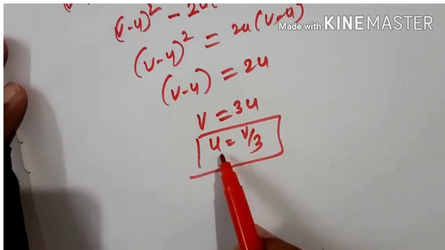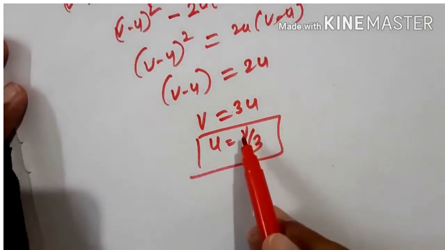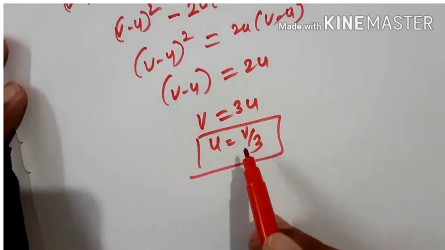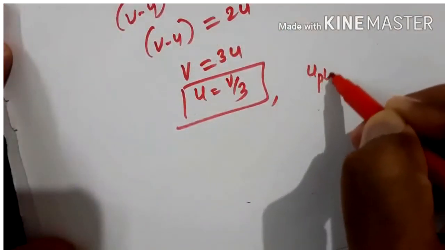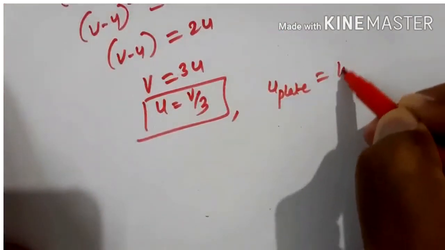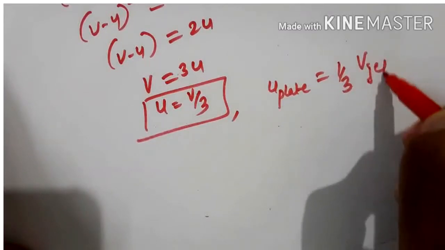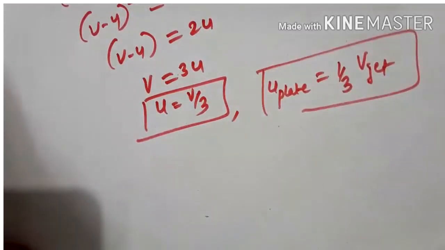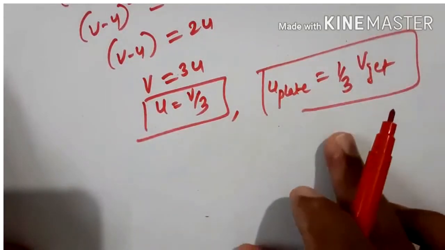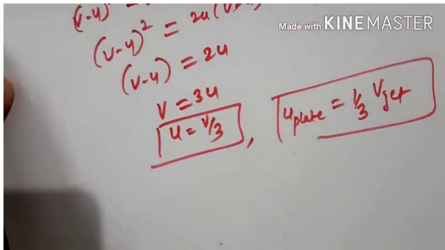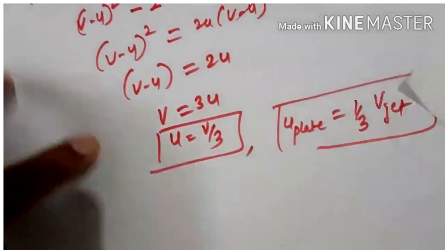When the velocity of the plate becomes 1/3 of the velocity of the jet, that is, when the velocity of the plate is equal to 1/3 of the velocity of the jet, then the maximum efficiency can be achieved. So substitute this u, that is u equal to v by 3, in this equation.